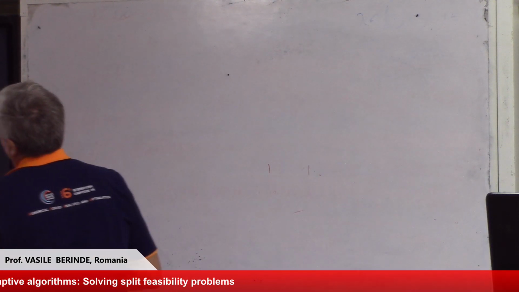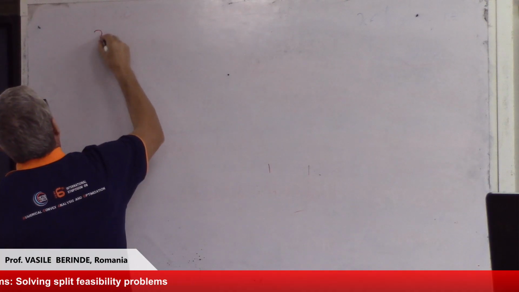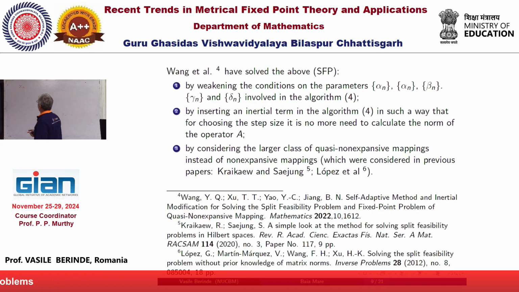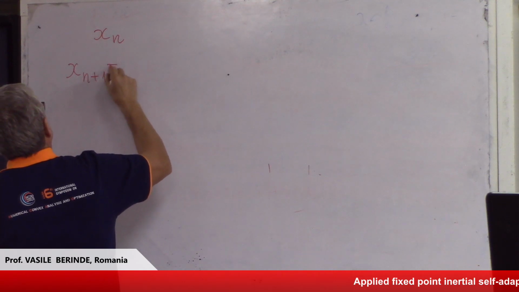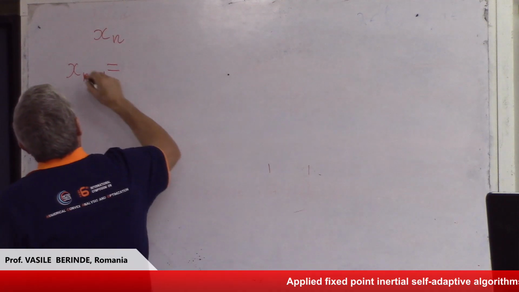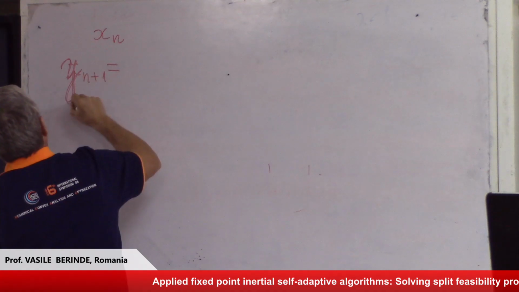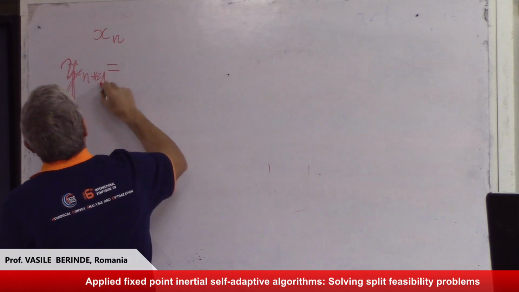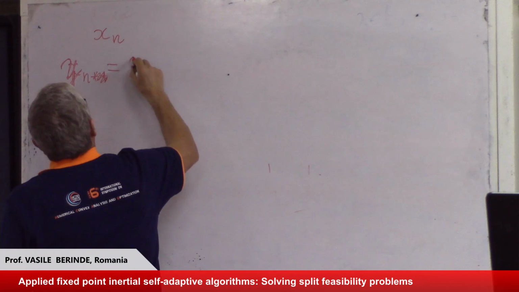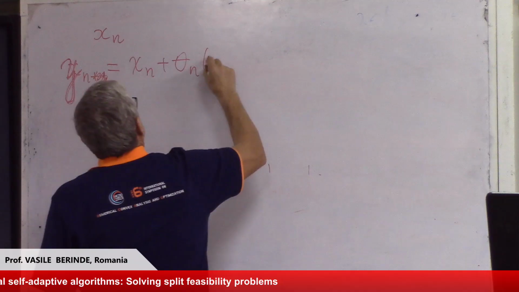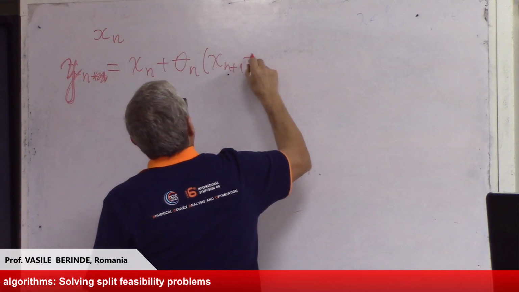So inertial means the following. At a certain moment, we compute the iteration xn. And to have an inertial term means that we take an intermediate value, let's say yn, which is xn plus theta n times (xn plus 1 minus xn).